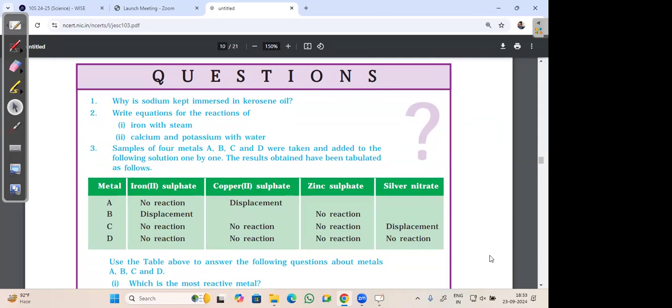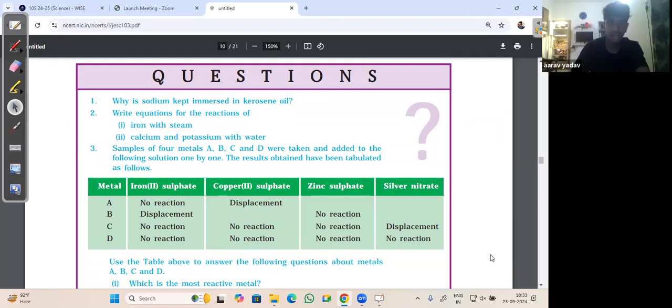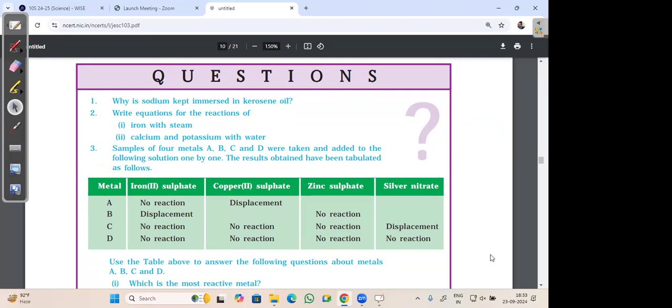Then next, why is sodium kept immersed in kerosene oil? Arav? Sir, because it is a highly reactive metal. If we keep it in the open, it will rapidly catch fire. It will catch fire, but explain the reaction that takes place. Your answer is 70% correct, a key point is missing.